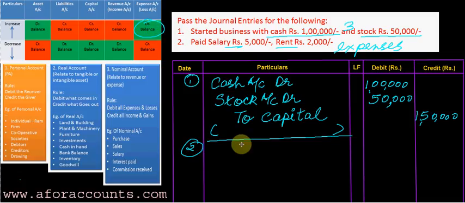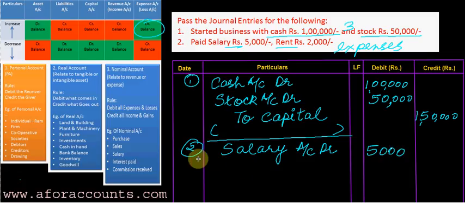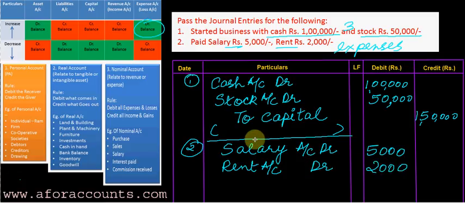So debit salary account with 5,000 rupees. Rent account debit with 2,000 rupees. Now what is going out of the business? It is the cash which is going out of the business.